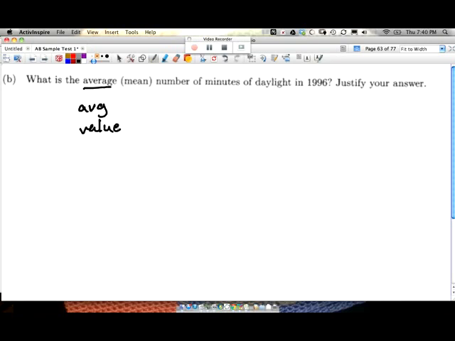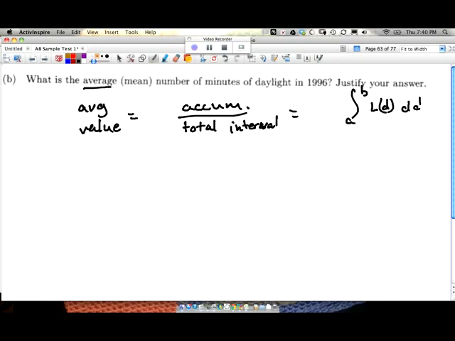So the average value equals the accumulated amount over the total interval, pretty much. The average value equals the accumulated amount, which is going to be the integral from a to b of whatever function we're doing. In this case, it's L of d, dd. That's funny, lots of d's in there. dd, and then over b minus a.